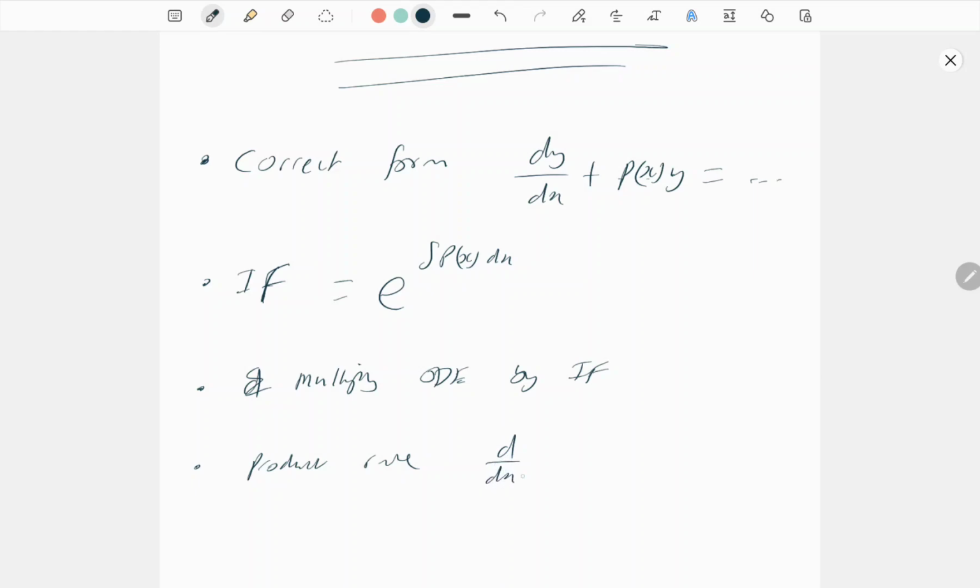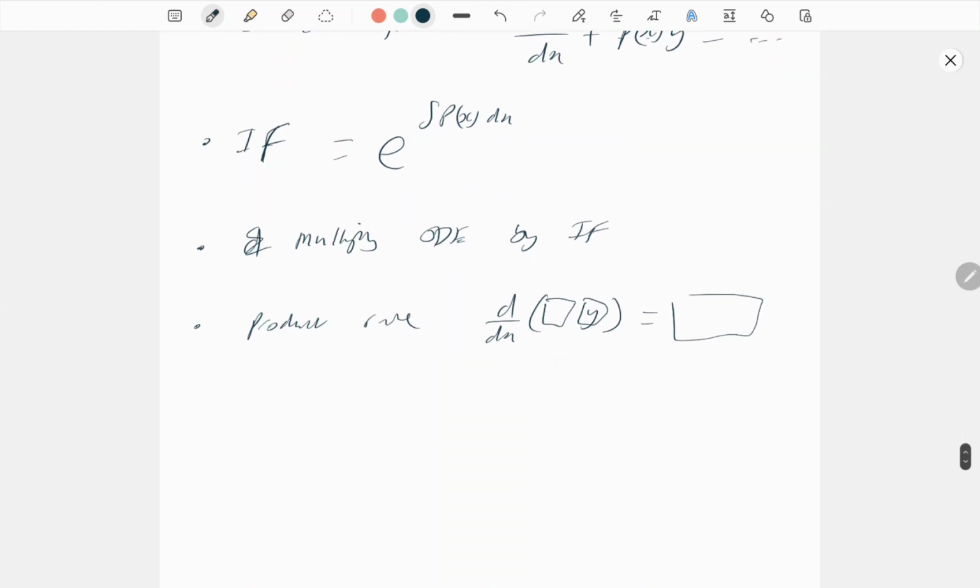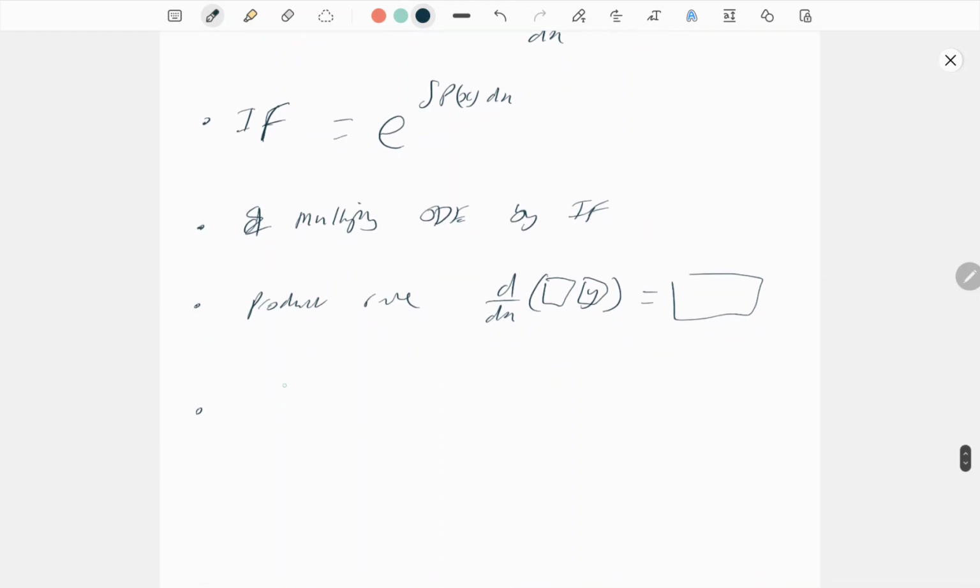And what you should end up getting is d by dx of some product of two functions. One of them will be y is equal to whatever is on the right hand side. And then you can solve it by integrating both sides.